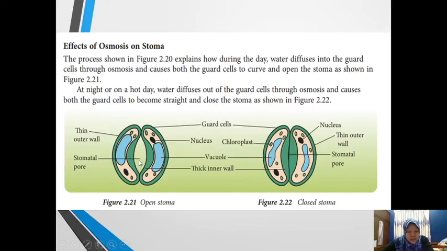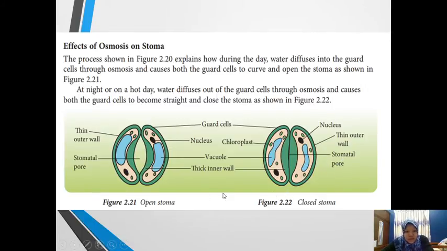Okay, this is a thin outer layer and these are the guard cells, both of them. This is a nucleus. Chloroplast. And thick inner wall. Ni stoma core. Alright.